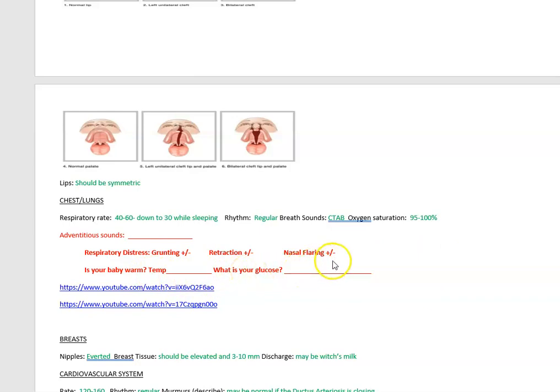When they're burning that brown fat very rapidly, or they don't have enough brown fat, as an example of a premature baby, it can cause them to get really cold, and it can cause their glucose to go down. So if you're having a baby in respiratory distress, we definitely want you to evaluate their axillary temperature and potentially do a glucose on your baby.